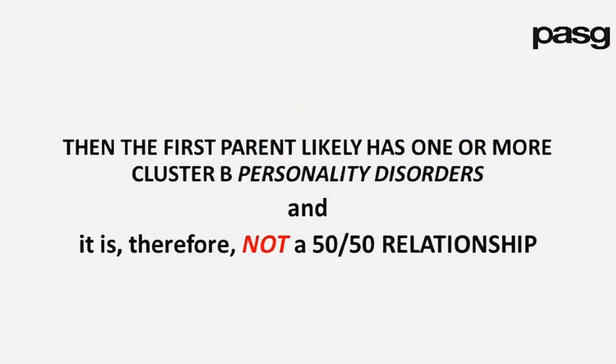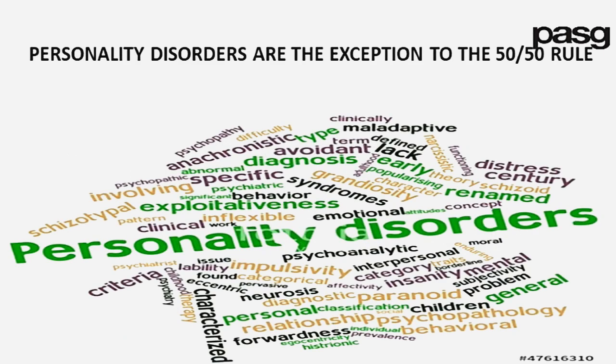And what I'm talking about here is the research we have on severe alienators, and I believe many moderate alienators as well, that they likely have more than one and up to 3 cluster B personality disorders. Personality disorders are an exception to the 50-50 rule.